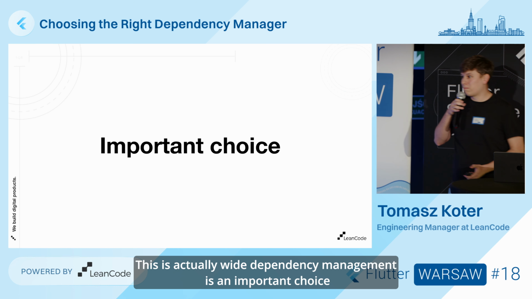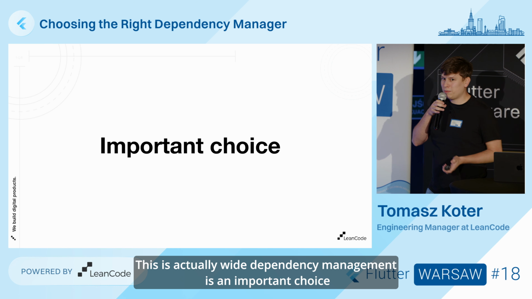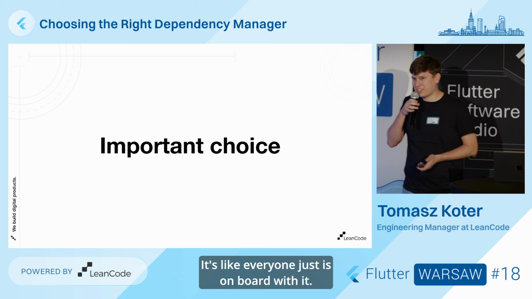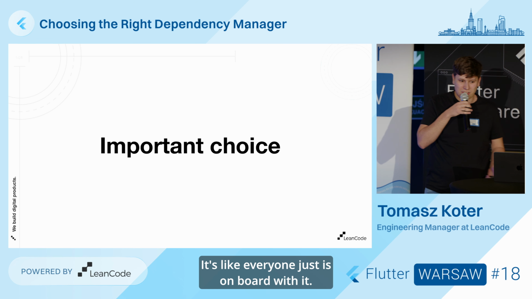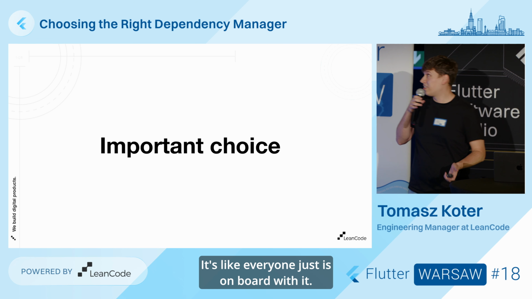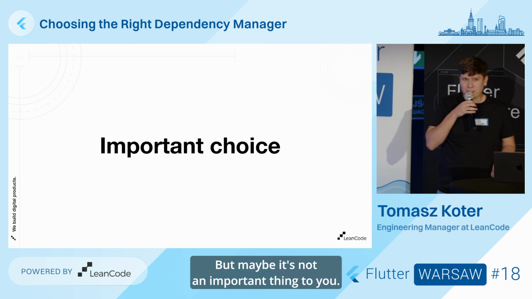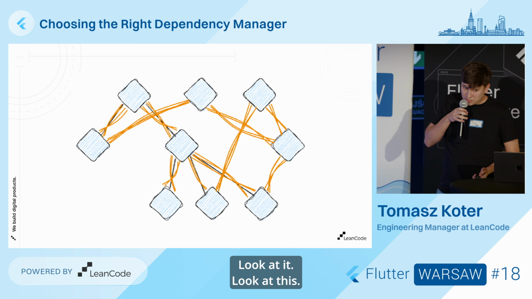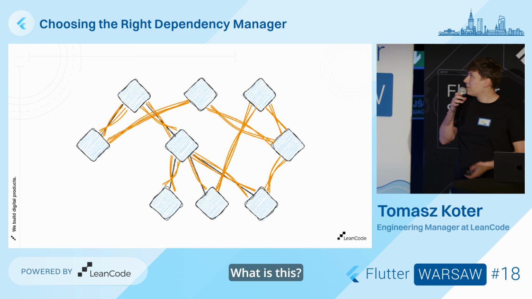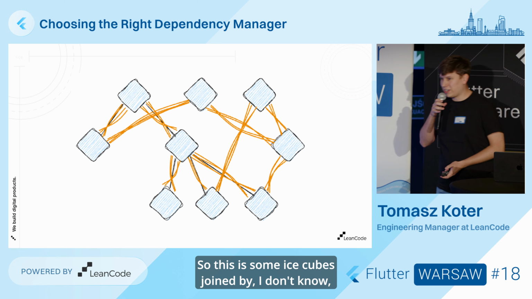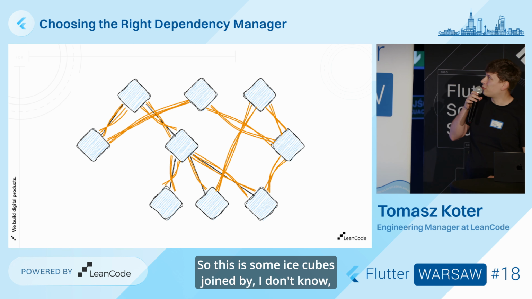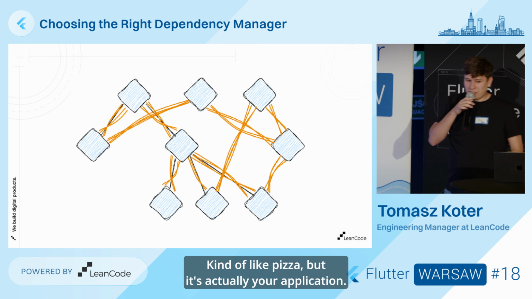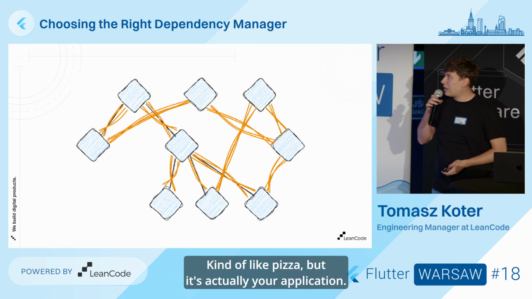Why is dependency management an important choice? I started talking about it as if everyone is on board, but maybe it's not important to you, so I'm going to make it important. Look at this. What is this? It's some ice cubes joined by string cheese or something like that. Kind of like pizza, but it's actually your application.